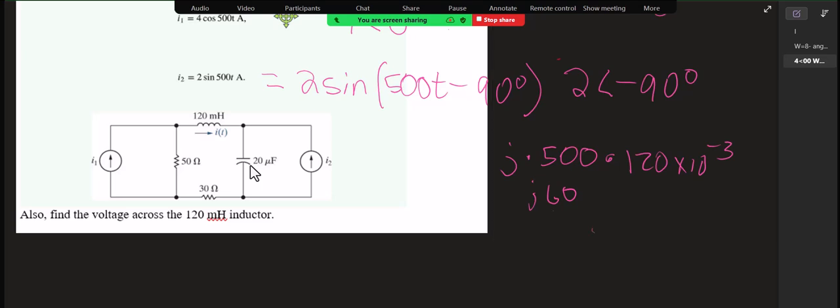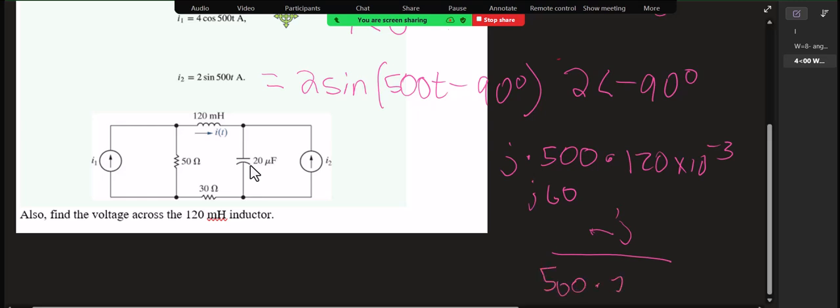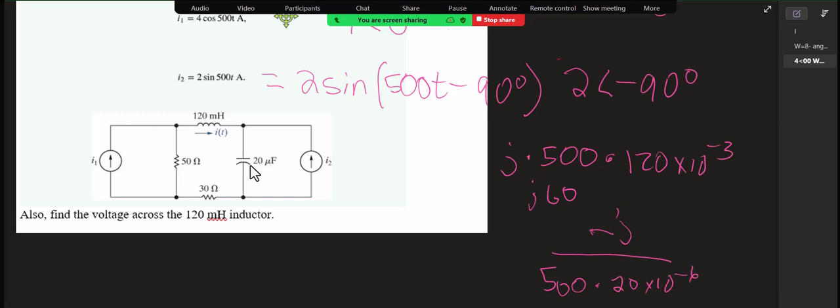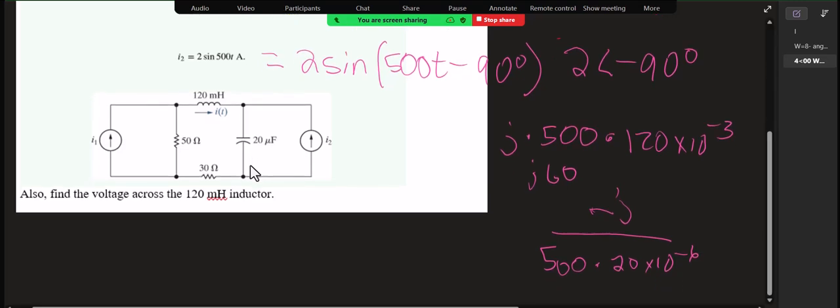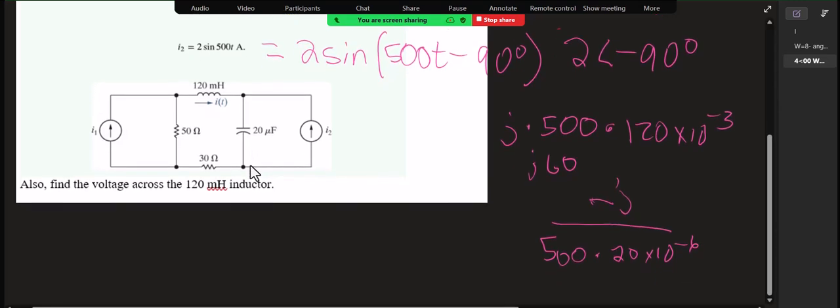So the capacitor is minus j over omega C, which is 500 times 20 times 10 to the negative 6. And that is minus j100.